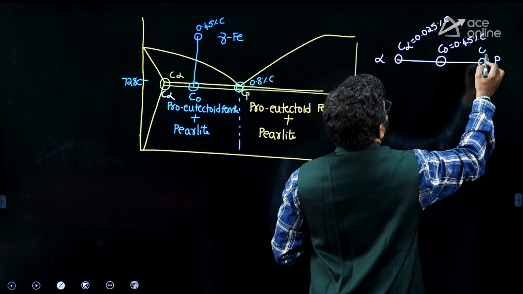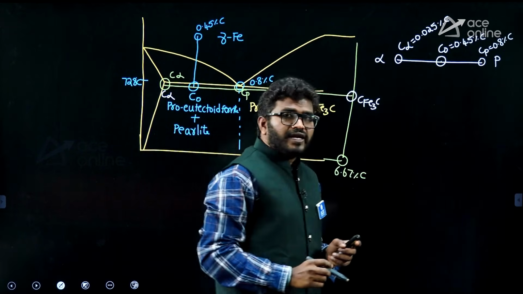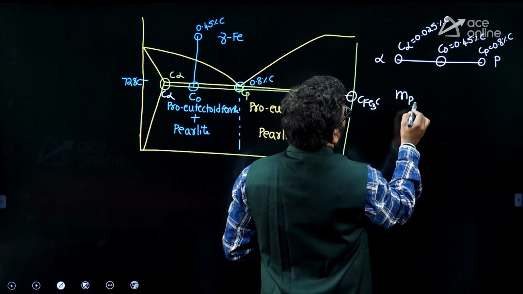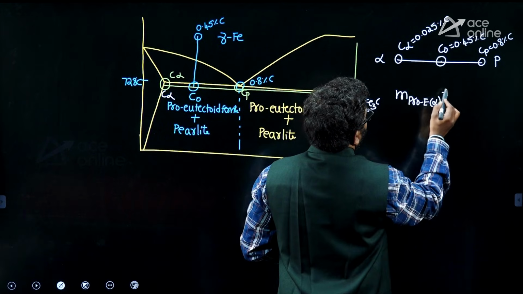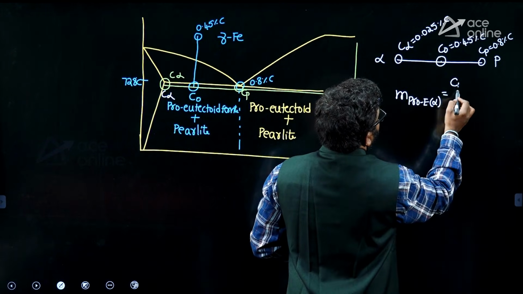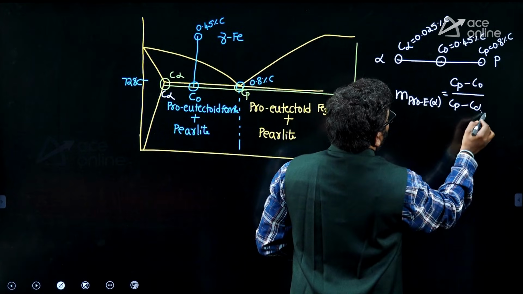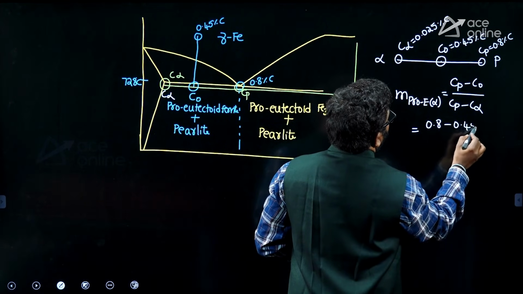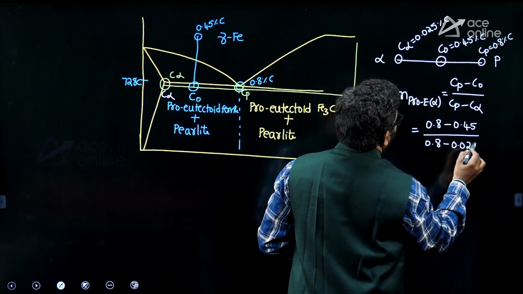C perlite is equal to 0.8% of carbon. Then the mass fraction of proeutectoid alpha I want to get, alpha is on the left side: C perlite minus C naught by C perlite minus C alpha, that is 0.8 minus 0.45 by 0.8 minus 0.025.